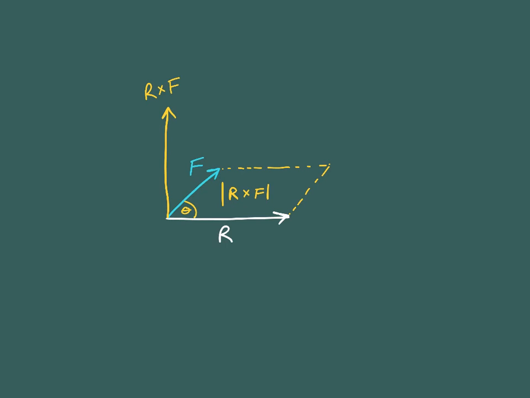So the magnitude of this cross product actually has a geometric representation in the area that would come from if I basically completed the parallelogram, parallel force vector, parallel radius vector. The area of that space will always be the magnitude of the cross product.